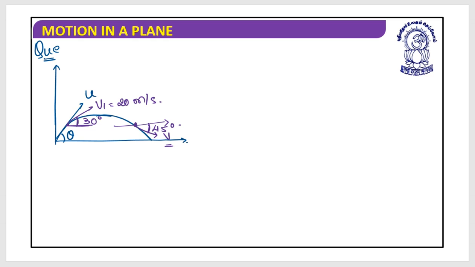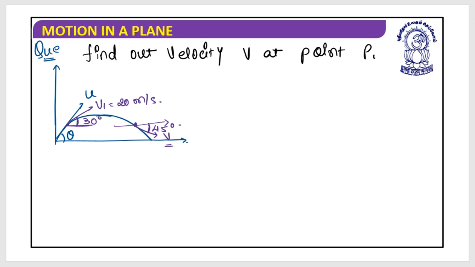So the question is, find the velocity v at point P.